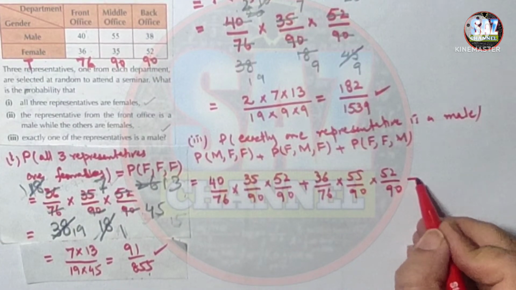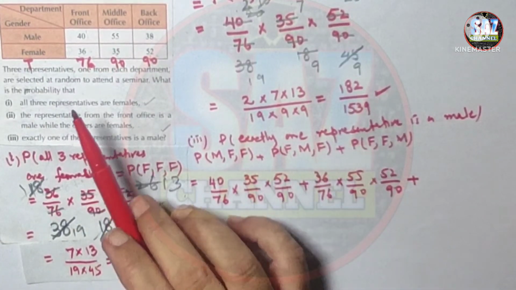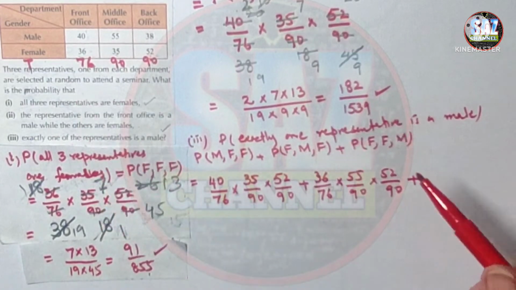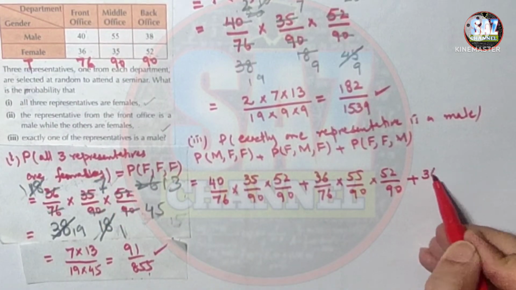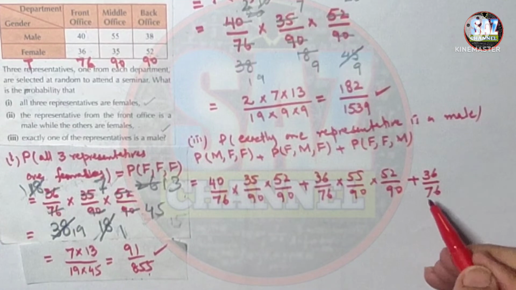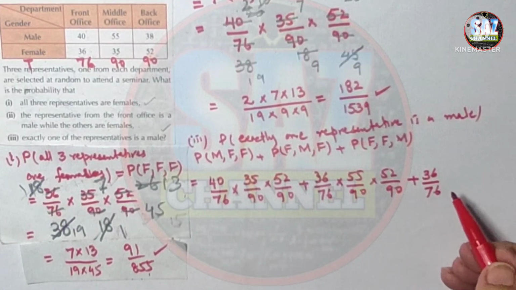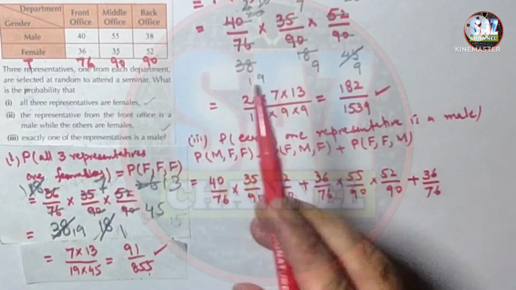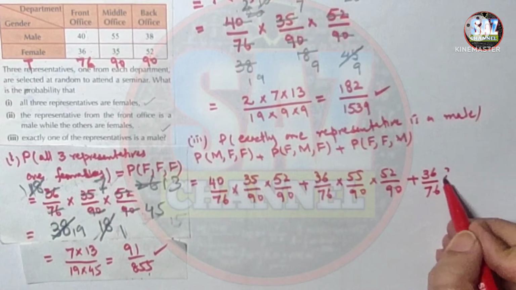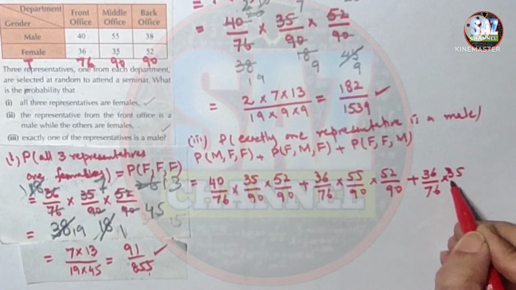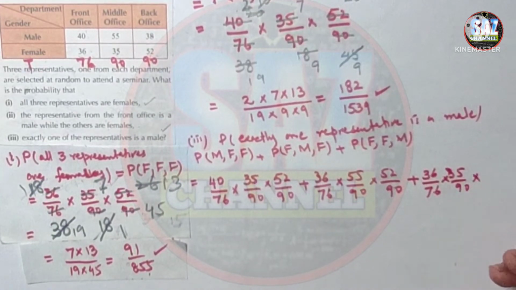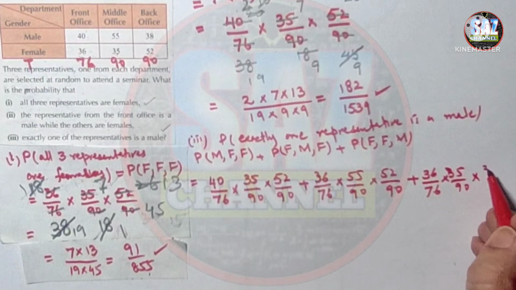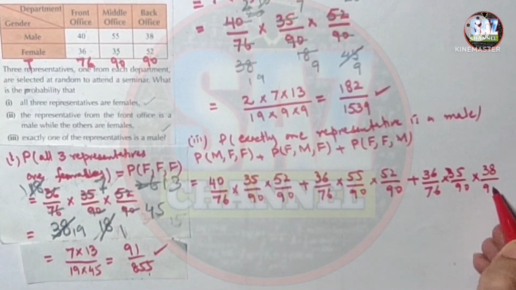And then female from the front office, that is 36 by 76, and then female again from the middle office, 35 by 90, multiplied by the male from the last office, 38 by 90.